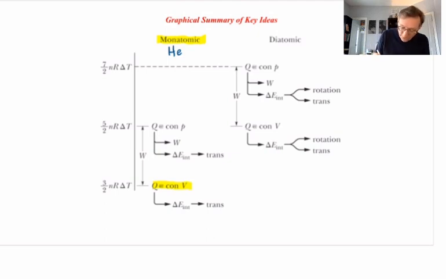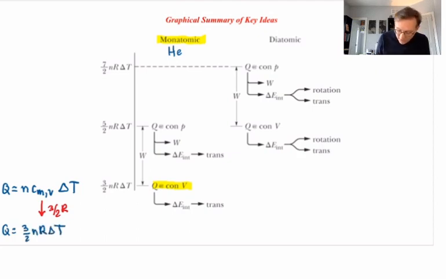Then the formula that relates Q to temperature change is number of moles, molar specific heat at constant volume, times delta T. Then make a substitution for CmV of F over 2 times R. Now the only thing that can be happening here is translation, so F is 3. So 3 halves R for the CmV, and you get the formula Q equals 3 halves nR delta T, which is what is written right here.